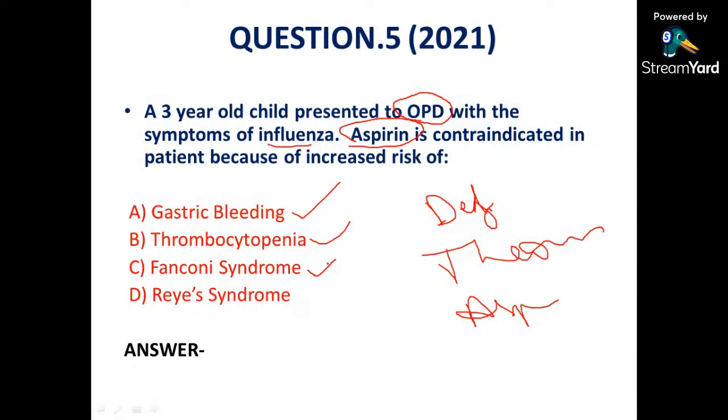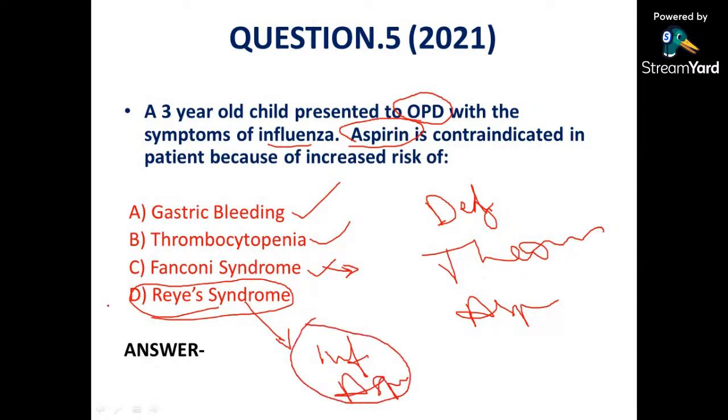Fanconi syndrome is a condition associated with kidney disorder. And Reye syndrome is a condition which is usually caused due to influenza and aspirin. So the patient is at risk of developing Reye syndrome here due to influenza and also due to aspirin.